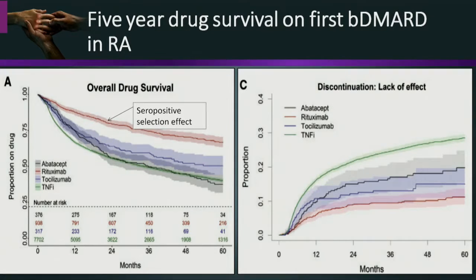But when we compare anti-TNF to the others, at 1 year and the first 2 years, tocilizumab is higher than anti-TNF and abatacept. After 2 years, abatacept is almost matching anti-TNF. And tocilizumab is still higher than anti-TNF and abatacept in overall drug survival rate.